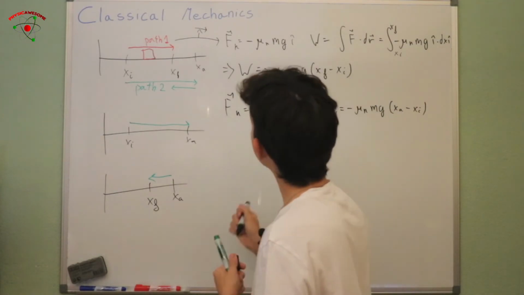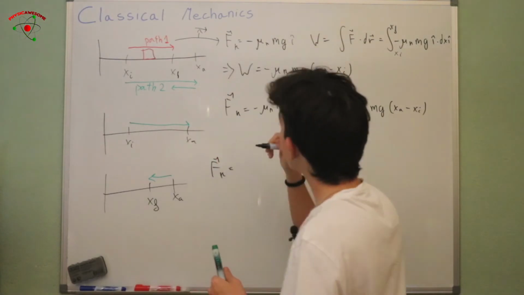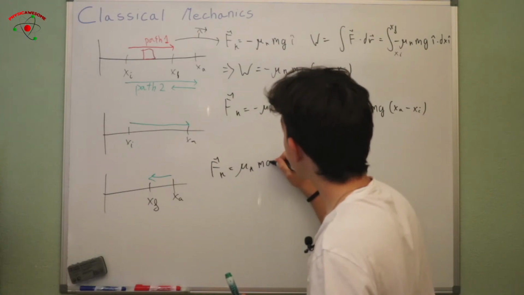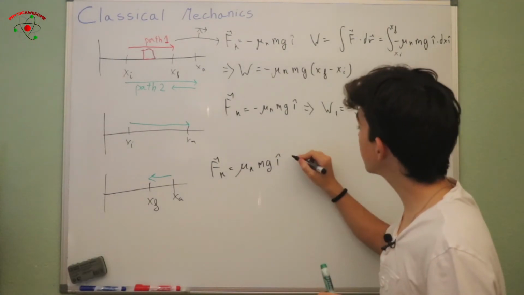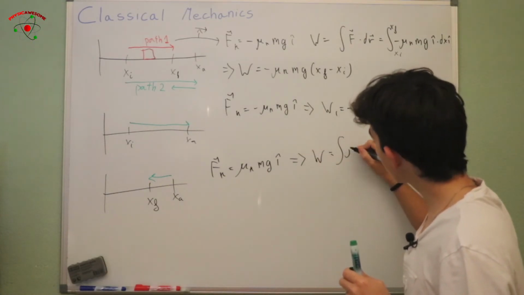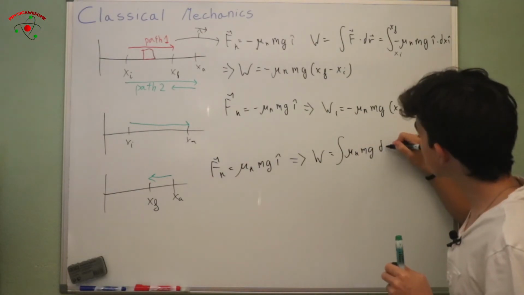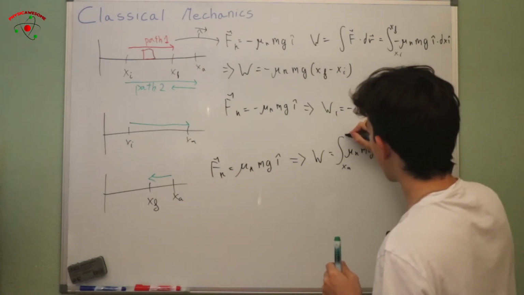That means that Fk is now going to be plus mu k mg i hat. And now, when we do the work analysis, we get mu k mg dx from xa to xf.